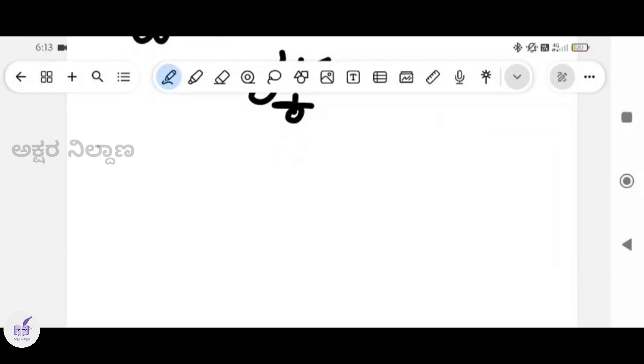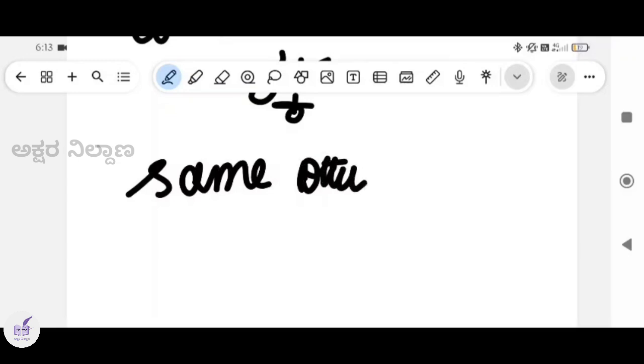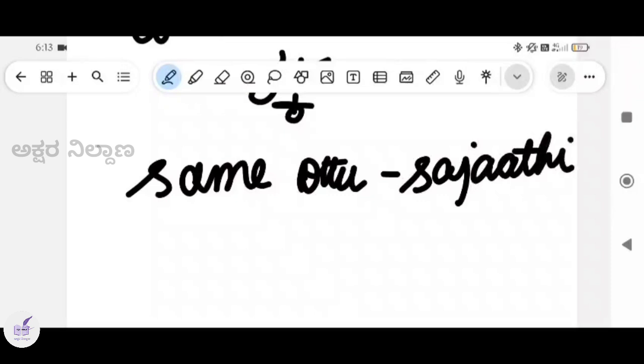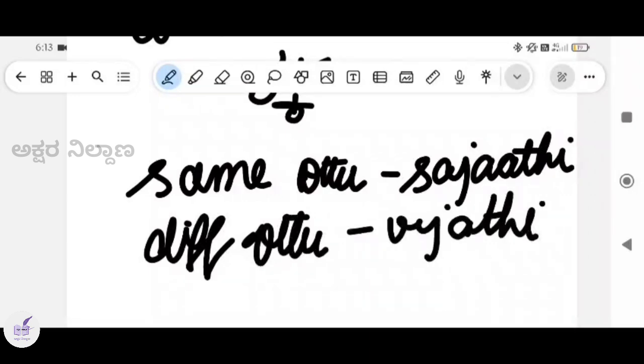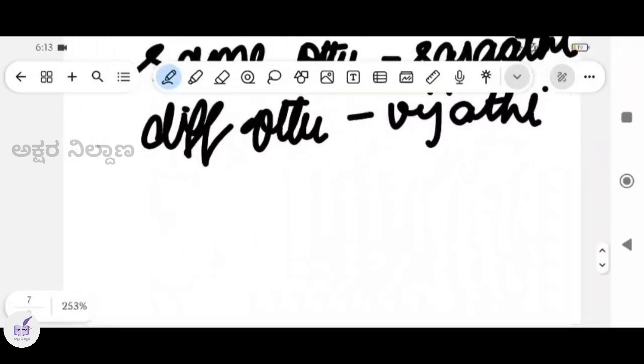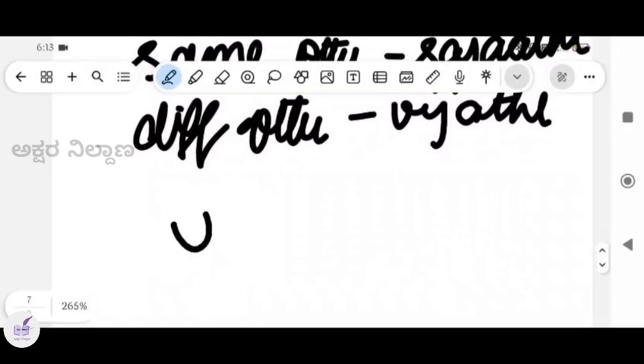Sajati Vattakshara means the same vattu is given. Different vattu is Vijati.